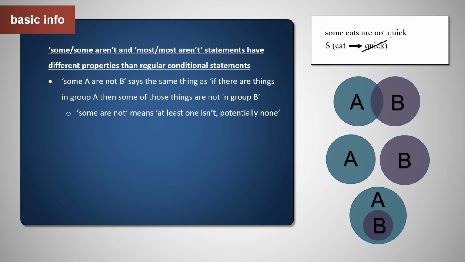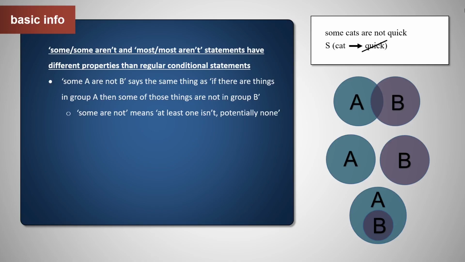That would be captured by that last diagram, because every single alcoholic drink made out of grapes is also an alcoholic drink. But vodka's made from grain, whiskey's made from grain, barley, whatever it is. So you're going to have ones that are not that. This last diagram captures that kind of relationship, where some elements out of a general group don't belong in a subgroup. You can think of it that way. But that's also captured by some cats are not quick.